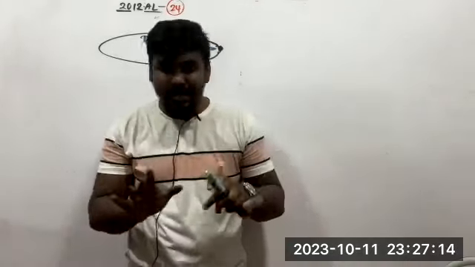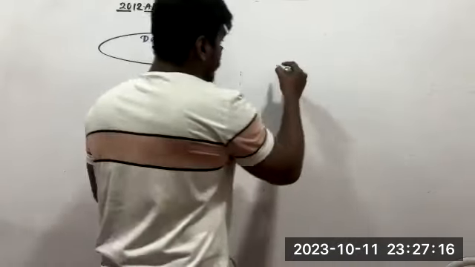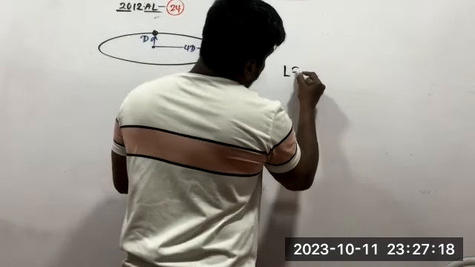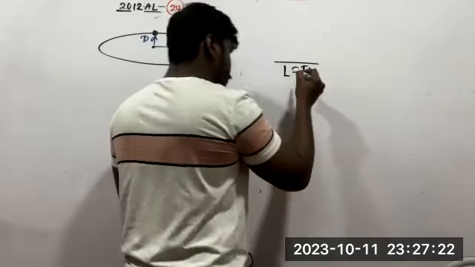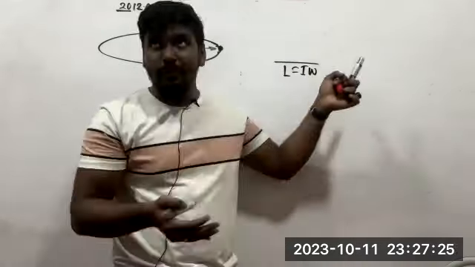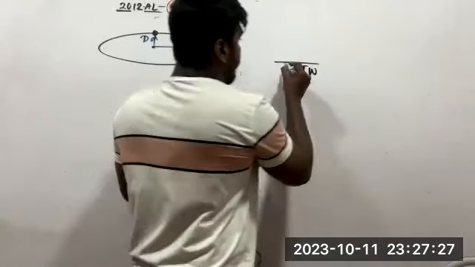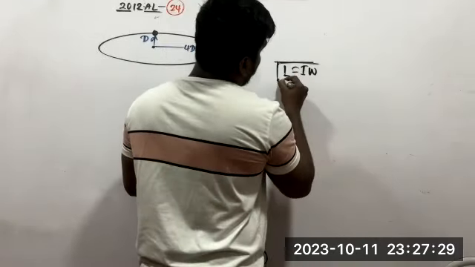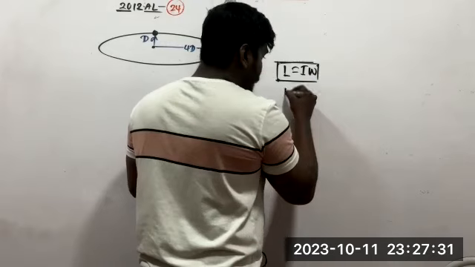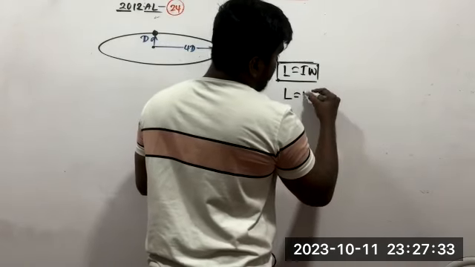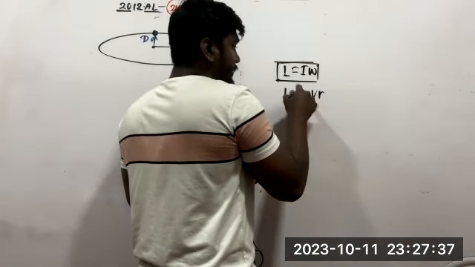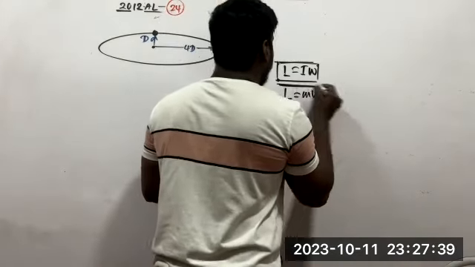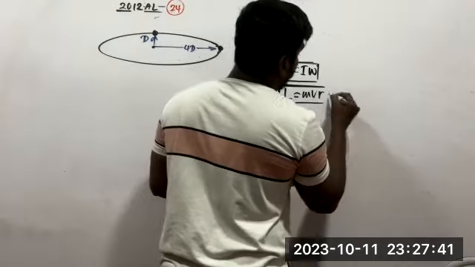The most popular is L equals I omega, but we rarely apply L equals mvr. I have clearly given these equations in your note.